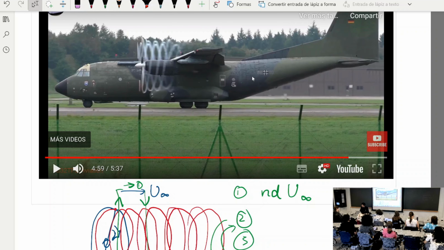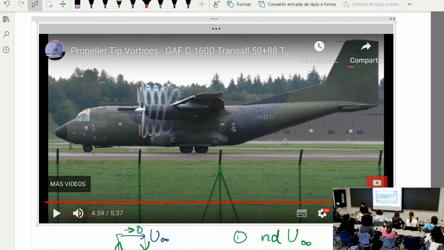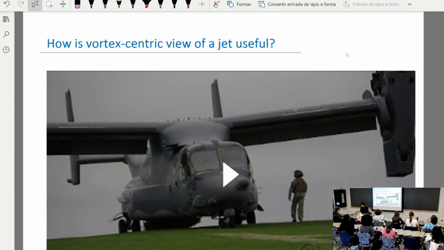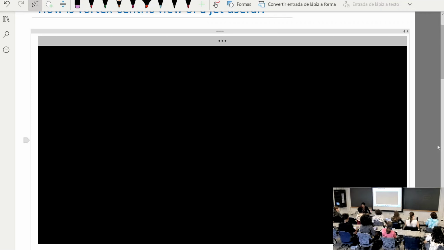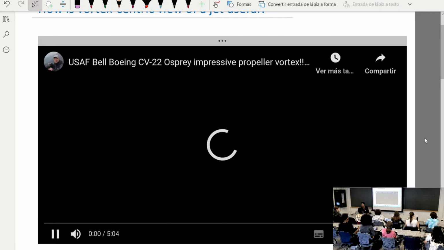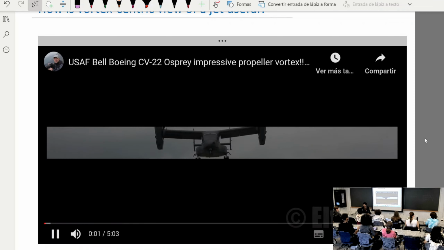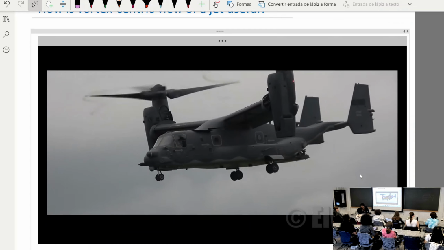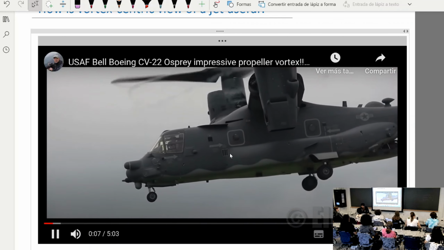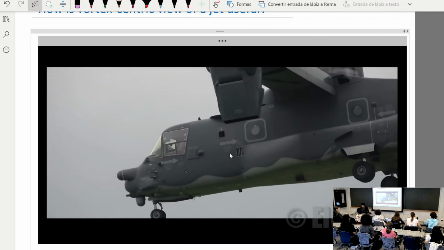And that's going to be even more significant if you look at something like a helicopter. So let's look at this osprey, which can transition between kind of a helicopter mode and a propeller like an airplane. It'll become even clearer in a moment.